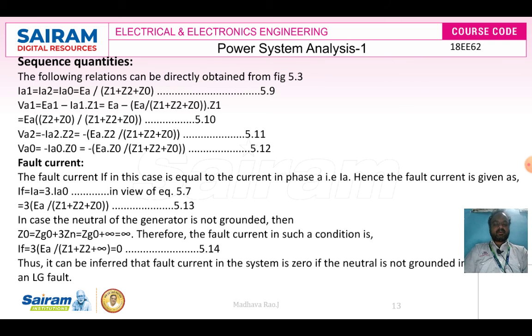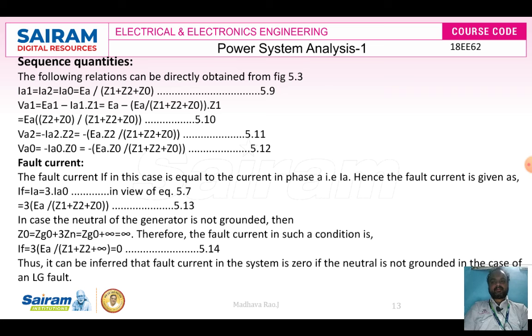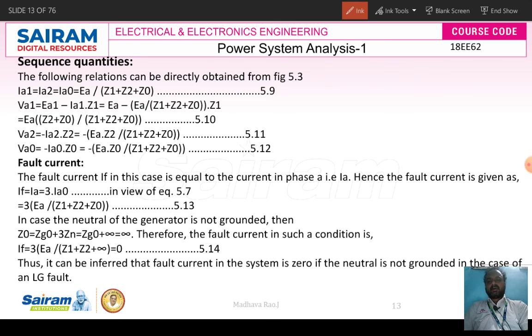Next one. So here we will see sequence quantities and fault current. The sequence quantities: IA1 equal to IA2 equal to IA0 is equal to 1 by 3 into IA, we got it, right?